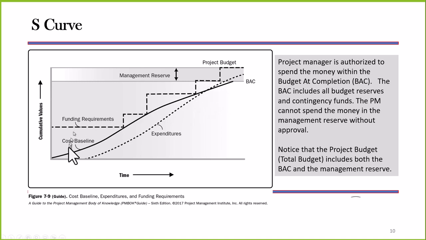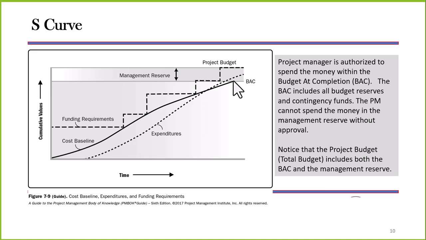Now, normally what we're going to see in an S-curve is the expenditures will be lagging behind the baseline. Here's your cost baseline. And they will meet up right here at the BAC, the budget at completion. Normally that's what we would see in an S-curve. That's what we want to see in an S-curve.